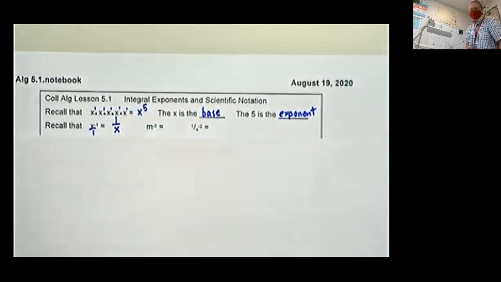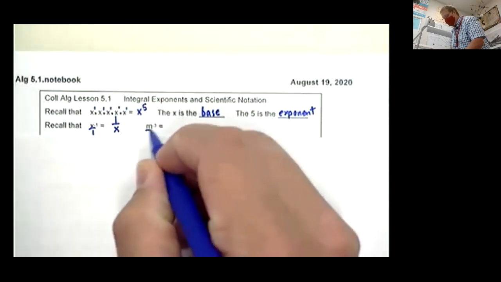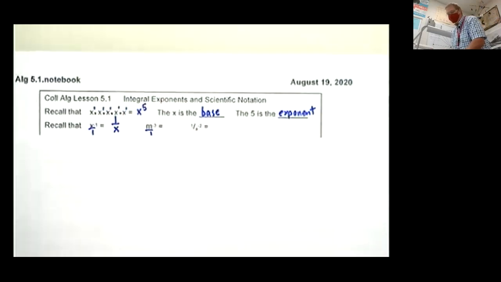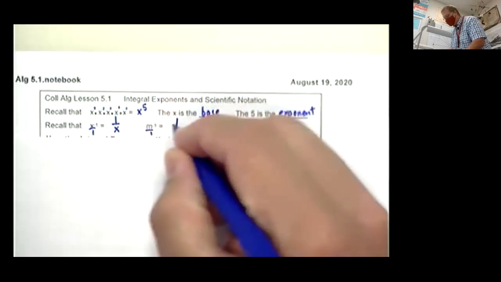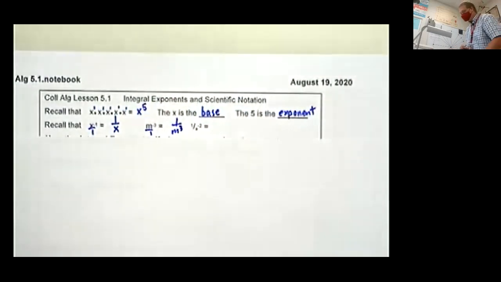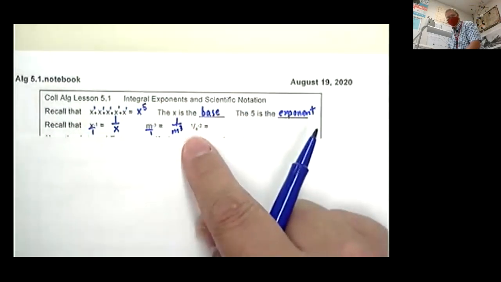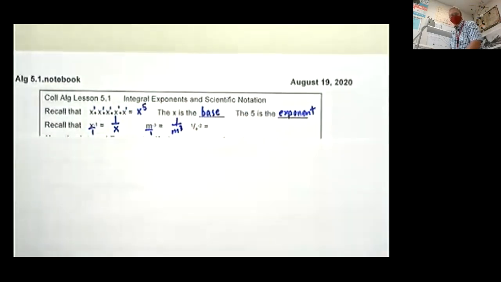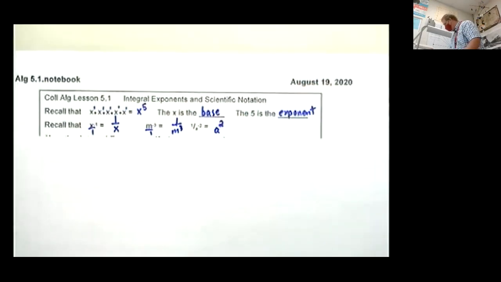For example, m to the negative third, same thing. This is a fraction over 1, and we're going to flip it to the other side of the fraction. It's in the numerator, so that means it's going to go to the denominator. Lastly, we have something in the denominator, 1 over a to the negative second. That's going to flip it back to the numerator to become a to the second.